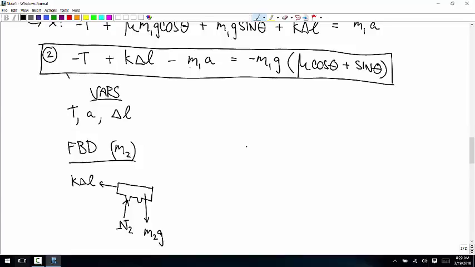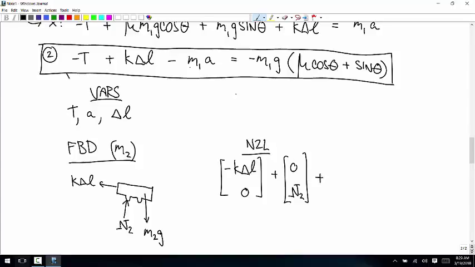And so Newton's second law says negative k delta L, 0, plus 0, N2, plus m2 g sine theta, negative m2 g cosine theta, is equal to m2 times the vector a, 0.